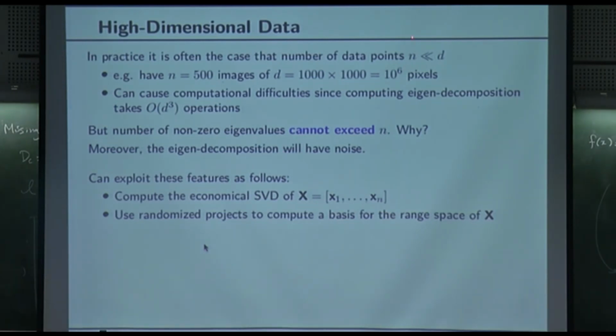Also, often this data has noise, and one way of making things faster, getting around computing the eigen decomposition of various matrices, is to use randomized projections to compute a basis for the range space of X, and once you have that, you can do faster things. We won't get into the details here. This has to do with the fact that for very large data sets, computing the SVD itself becomes very hard, and there are techniques now available to make it faster.